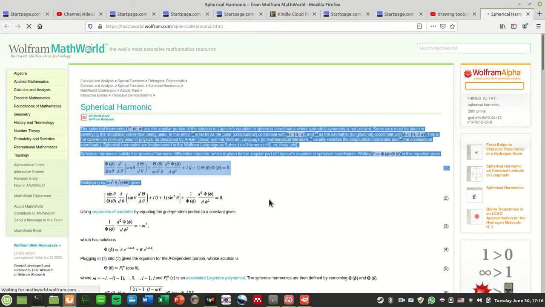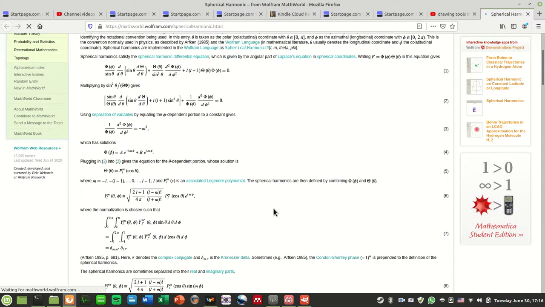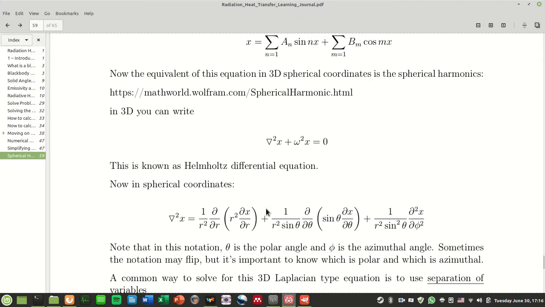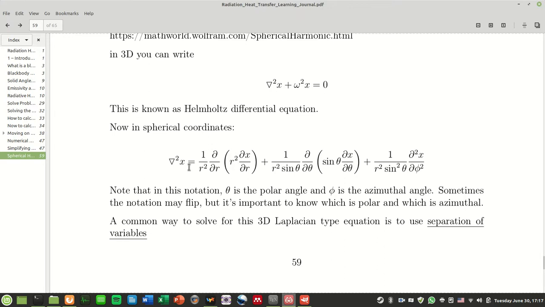Okay, so this looks a little complicated, but I'm going to break down the math a little bit. This is the Laplacian of x in 3D spherical coordinates. In this notation, I will take theta to be the polar angle. If you think of the Earth, it's from North Pole to South Pole, and phi is the azimuthal angle, so it's like east to west.